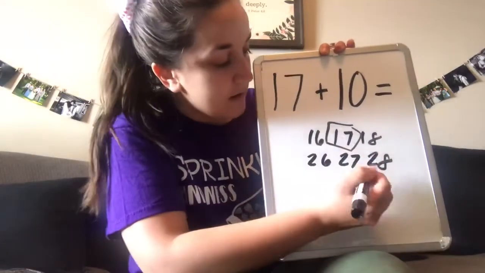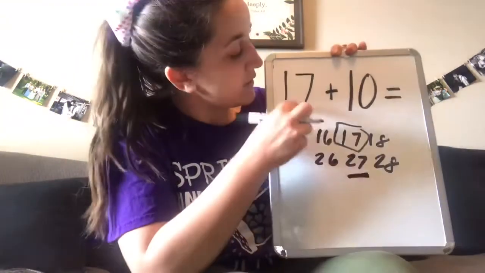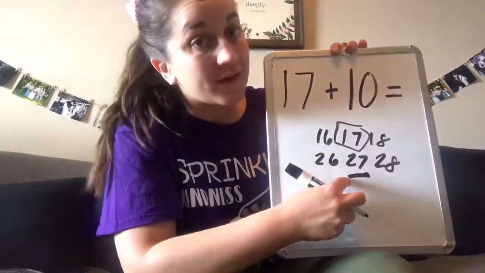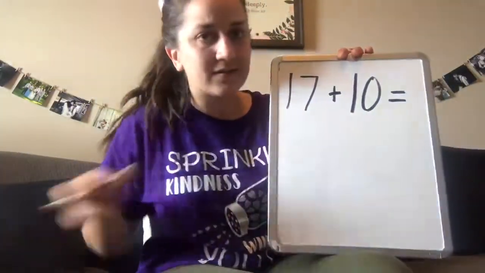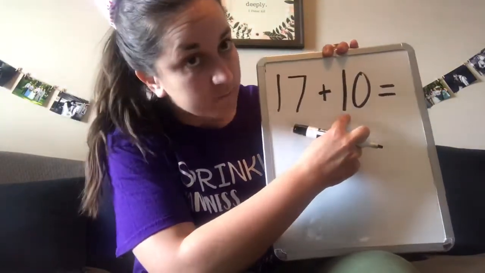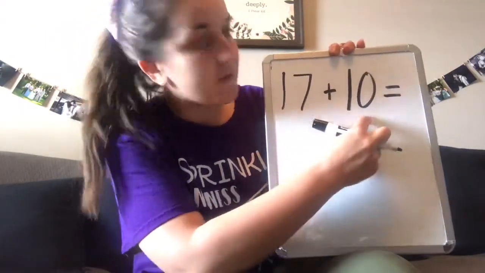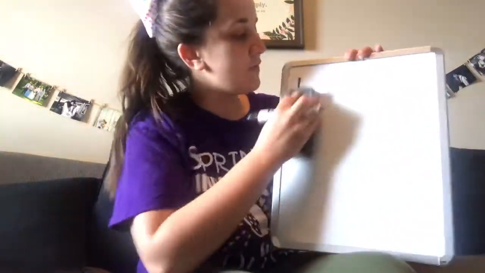So I hop down 10, and I find that my answer is 27. So 17 plus 10 equals 27. If you did that in your head, you could have said, okay, I've got 17, 10 plus 10 equals 20, 20 plus 7 equals 27. That's another way you could have done that.